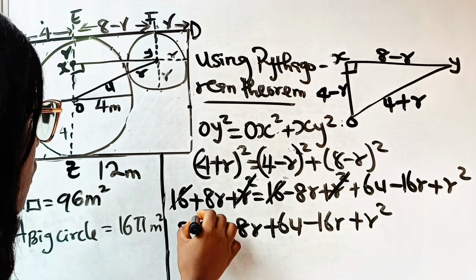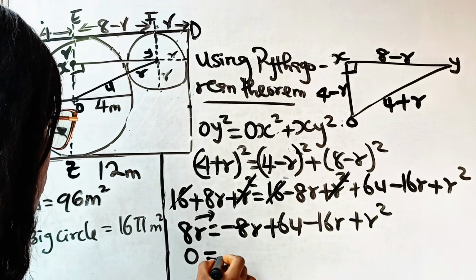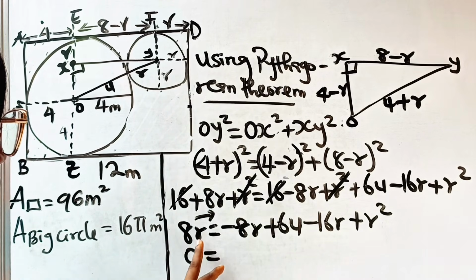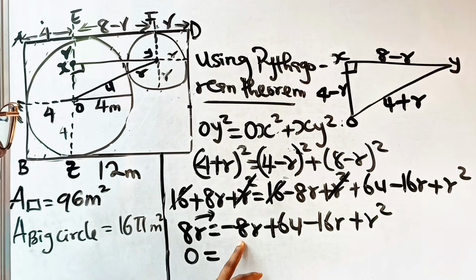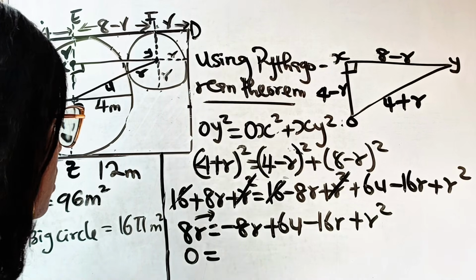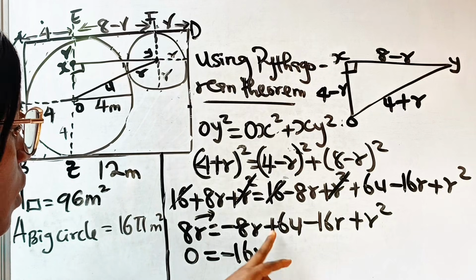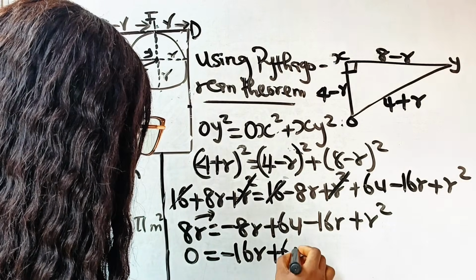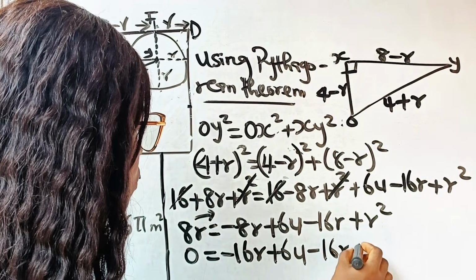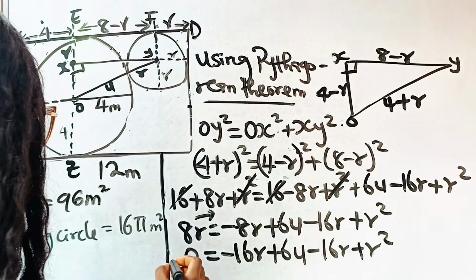So if we transfer this to the other side, we have 0 is equal to minus 8R minus 8R, which will be minus 16R, plus 64 minus 16R plus R squared.